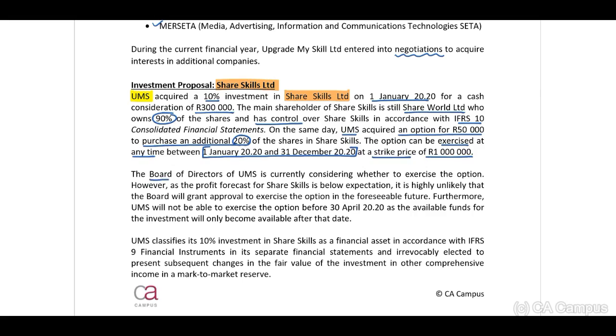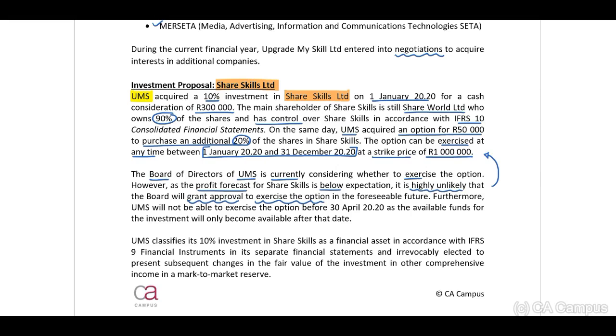Now, the board of directors of Upgrade My Skills is currently considering whether to exercise the option. However, as the profit forecast for Share Skills is below expectation, it is highly unlikely that the board will grant approval to exercise the option in the foreseeable future. Therefore, we need to identify, guys, that they will most probably not have that 1 million to exercise the option.